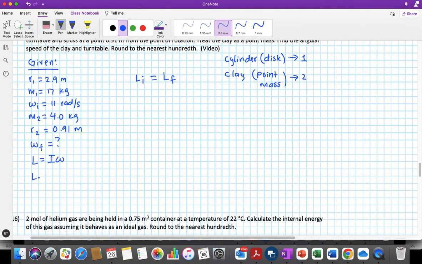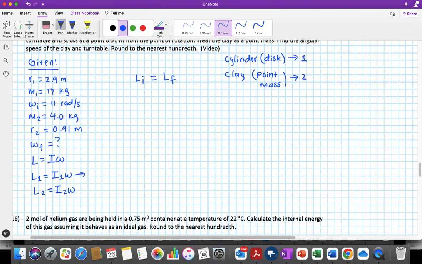So let's start with L1, the angular momentum 1 equals moment of inertia 1 times omega, right? Whether it's initial or final. Likewise, angular momentum 2 is the angular momentum of the point mass, so that would be moment of inertia 2 times omega. Well, for moment of inertia 1, we're working with a cylinder, and from the formula sheet you can see that the moment of inertia of a cylinder or disk is 1/2 m r squared.